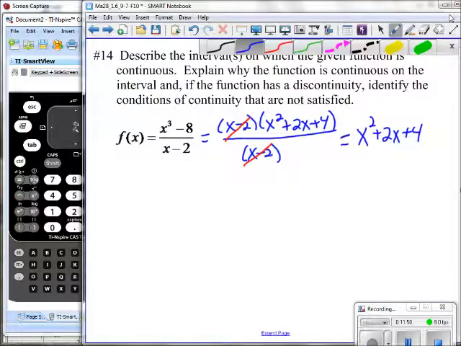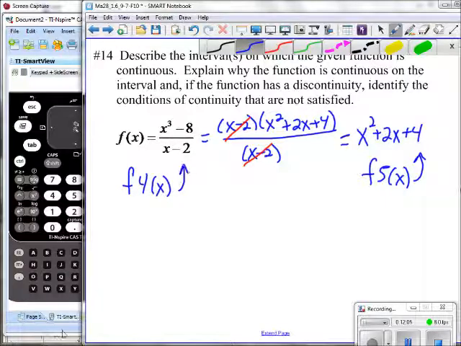Because on f5, it's defined, isn't it? If this is my f5 of x, and this is my f4 of x, 2 is defined on here, but it's not defined on f4. These functions are identical except at that one point. So back to our question, is f of x continuous?